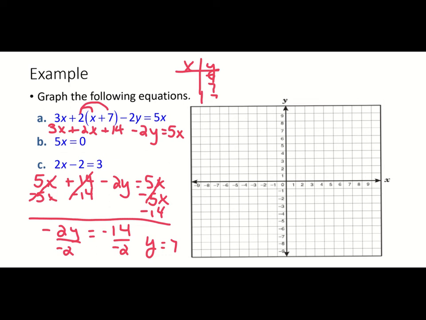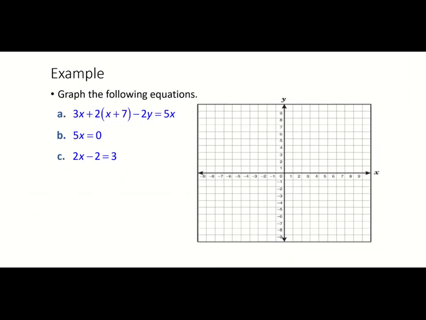So I can make it whatever I want, 1, 2, or 3. So here is my y equals 7, and when I graph my ordered pairs, and I put an extra one in there, it will form a horizontal line crossing over the y-axis. And anywhere that I look on this line, y will always be 7. X can be anything, but y will always be 7.